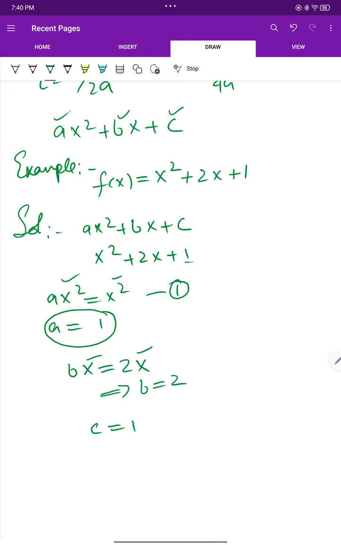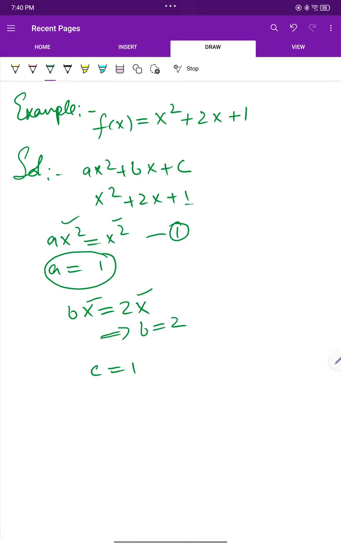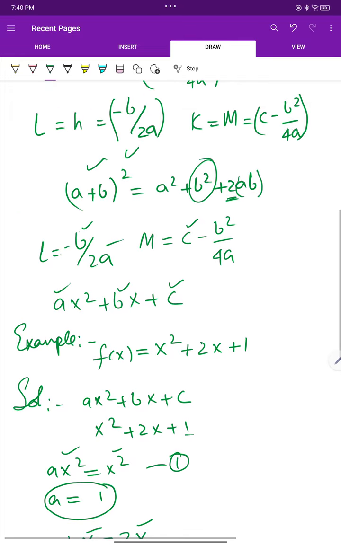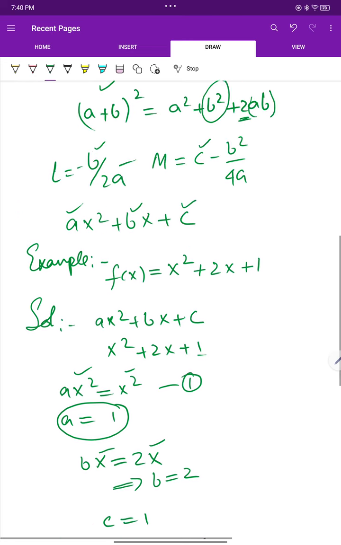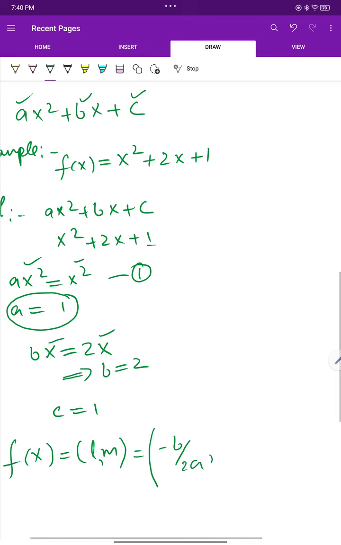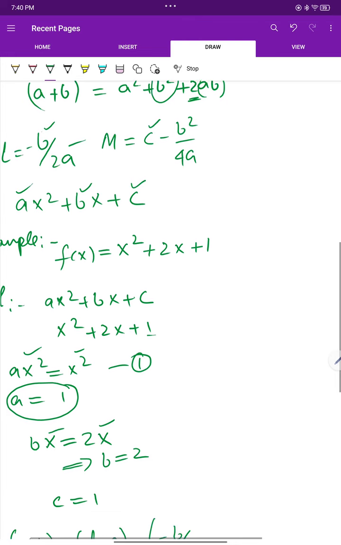Now we have three values, and we can easily find the function. If we want L and M, the vertex of the parabola or the quadratic equation, we can easily find them. We know L is equal to −b/2a, and M or K is equal to c − b²/4a.